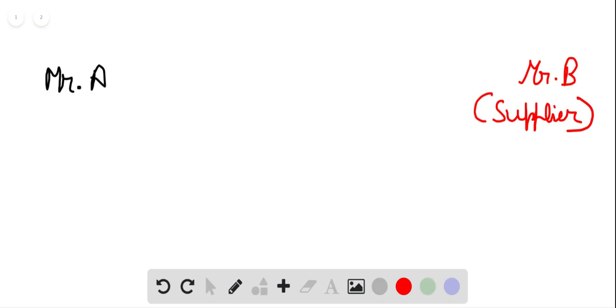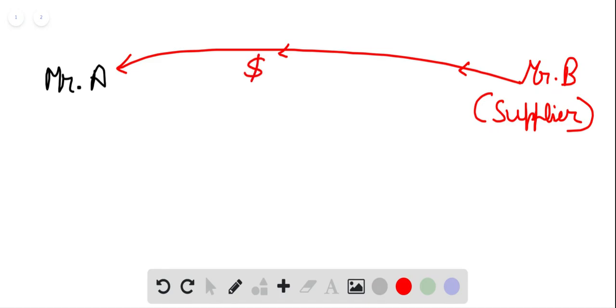Mr. A frequently purchases raw material from Mr. B. So Mr. A said, okay, you can transfer me raw material worth rupees $1,000, but I will pay you at some later time, like 1 month, or we can say next year, because that will be relevant for our example for understanding the concept.